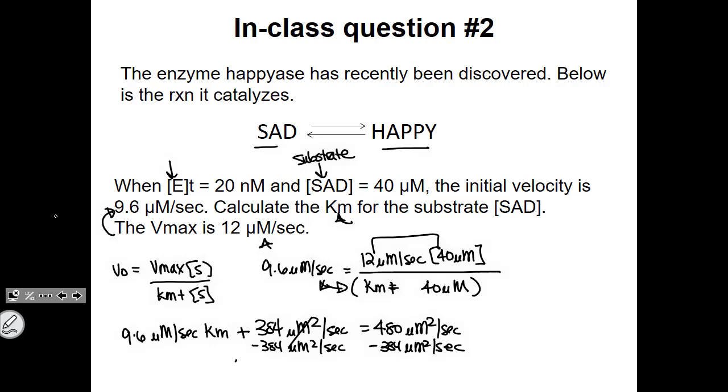To get rid of this, and so you're left with 9.6 micromole per second times Km is equal to, I get 96 micromole squared per second. Now you divide each by 9.6 micromole per second.